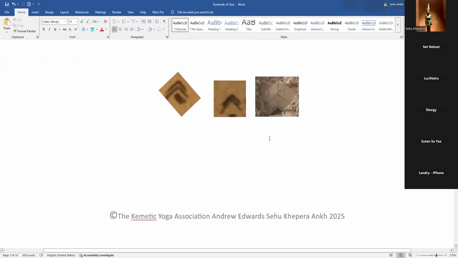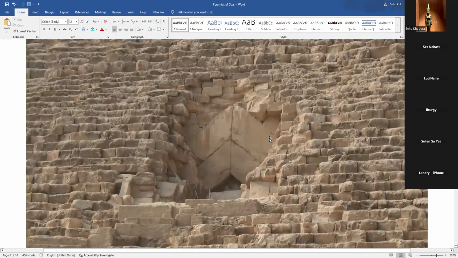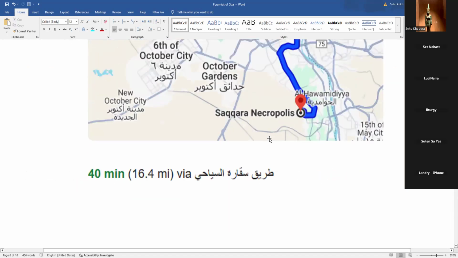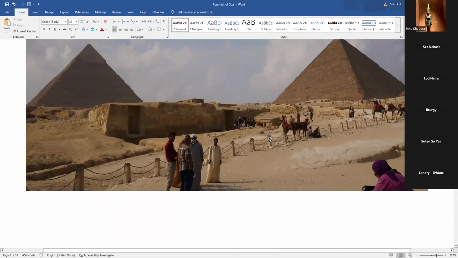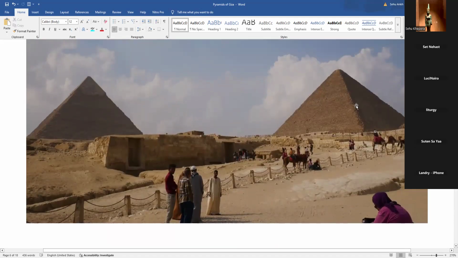And if you take a look at these structures, they're massive, they're huge. In the Great Pyramid, there are over 2 million blocks, like 2,300,000, some weighing 40 tons, 50 tons, 80 tons.